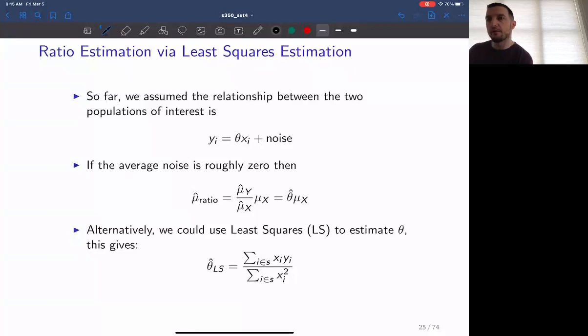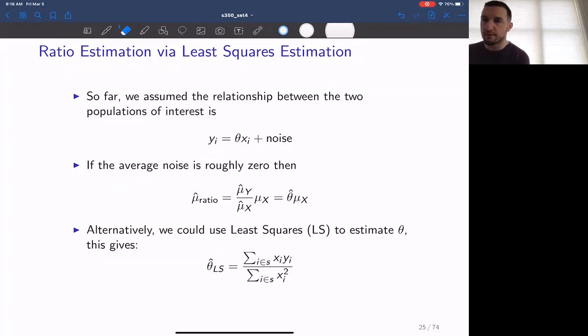Since the ratio estimator is essentially an estimate that accounts for linear correlation between the two variables, but is required to go through the origin, we can show that the ratio estimator could be calculated by taking the average of y divided by the average of x, or we could use a traditional least squares approach to find an estimate of theta, which would be the sum of x_i y_i over the sum of x_i squared.